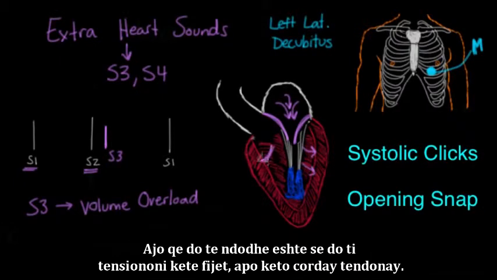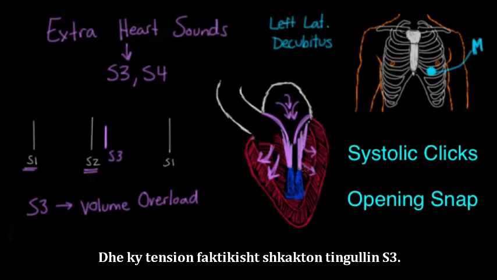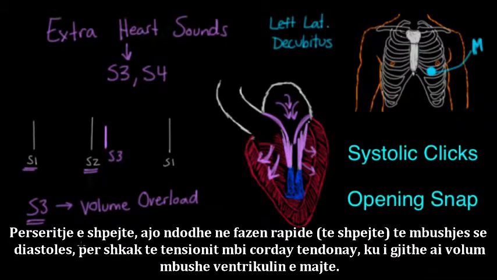What happens is you get a tensing of these strings, these chordae tendineae here, and that tensing actually causes the S3 sound. So quickly again, it happens in the rapid filling phase of diastole due to the tensing of the chordae tendineae when all that volume fills up the left ventricle.